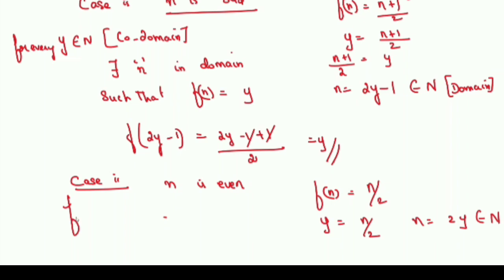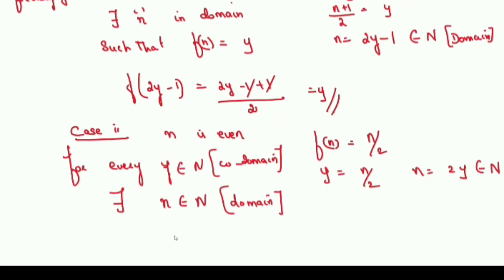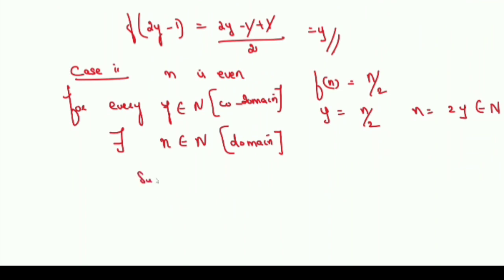So for every y belongs to N, the codomain, we can find there exists an n in the domain such that f of n is equal to y.